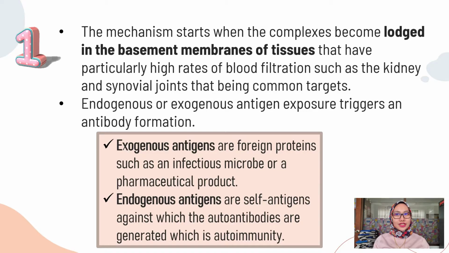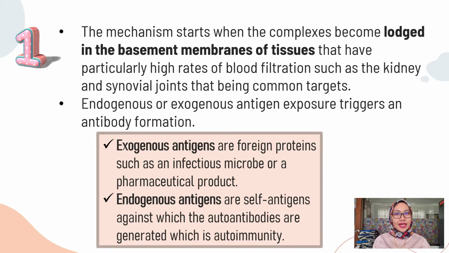Endogenous or exogenous antigen exposure triggers an antibody formation. Exogenous antigens are foreign proteins such as infectious microbe or a pharmaceutical product. Endogenous antigens are self-antigens against which the autoantibodies are generated, which is autoimmunity.